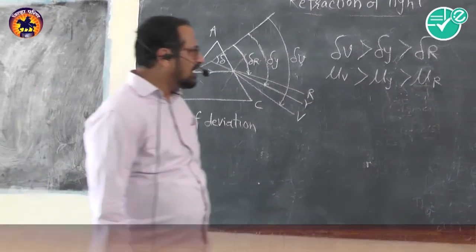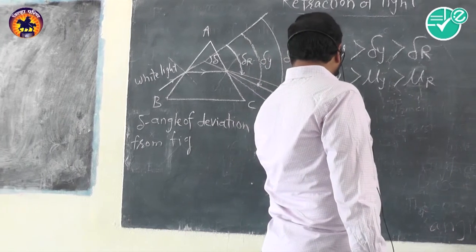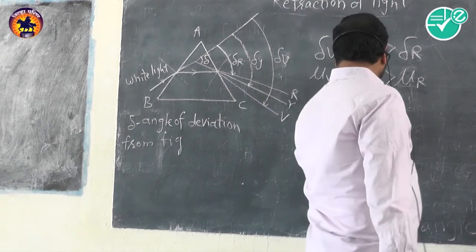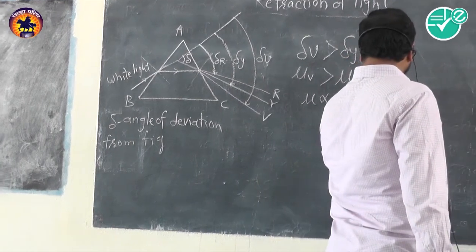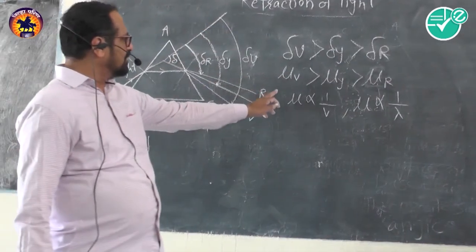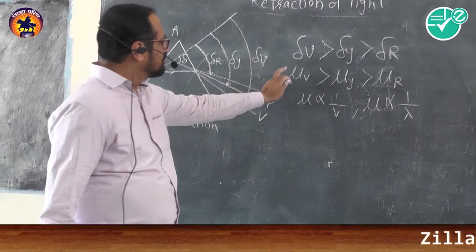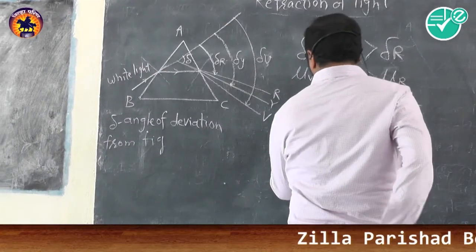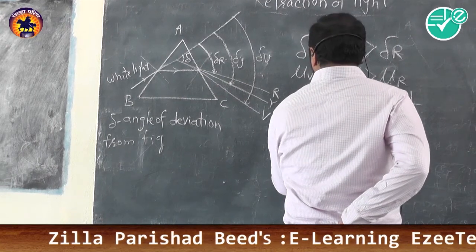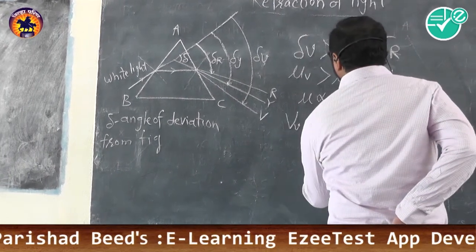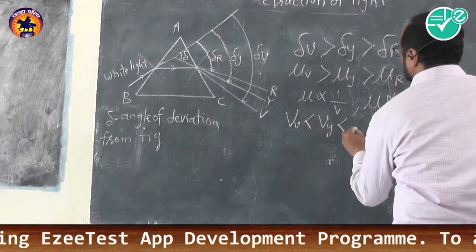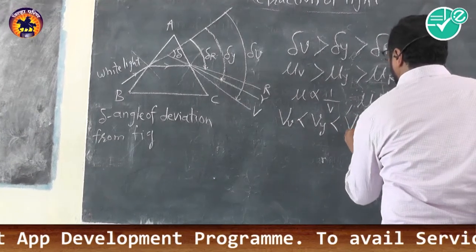But as we have the relation, mu is inversely proportional to 1 upon v, and also mu is inversely proportional to lambda. So if we apply this equation, we can write here that v, the velocity of violet light, is less than the velocity of yellow light, and it is also less than the velocity of red light.